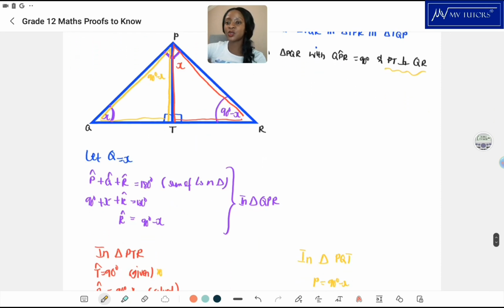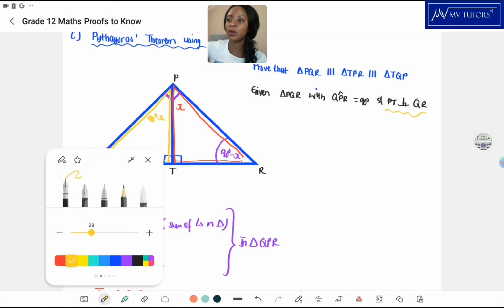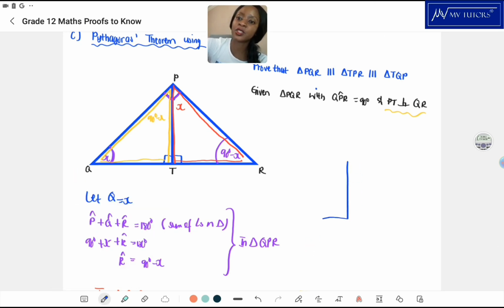So what I'm going to try to do is redraw all of this. In my big triangle, which is blue, I'm going to sketch it like that, where P is where I have my right angle, and I'm going to put Q there, and I'm going to put T. So I know that T in this, no, there's no T here.